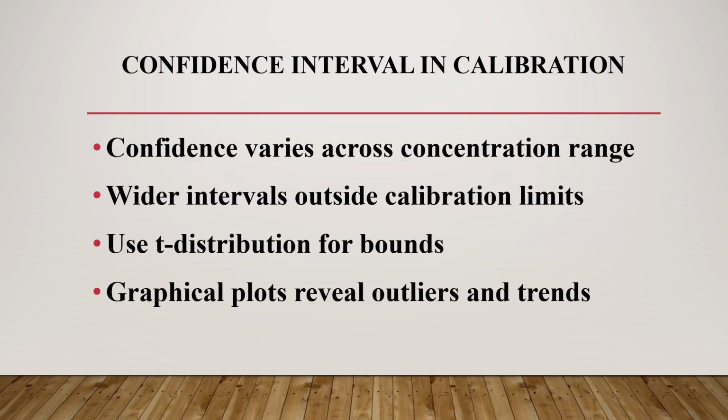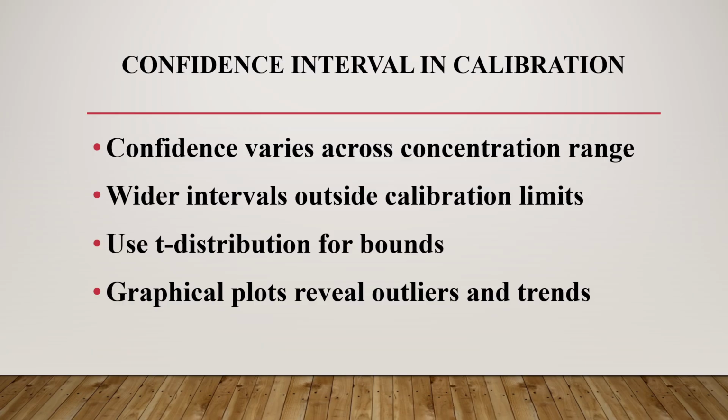Confidence intervals in calibration help us understand how reliable our predictions are across the concentration range. Confidence is highest near the center of the calibration range, say 10 mole per liter in a 5 to 15 mole per liter range. Predictions outside this range have wider intervals.